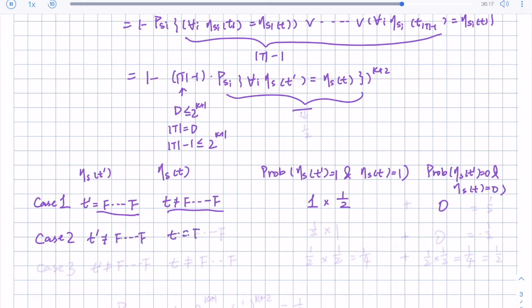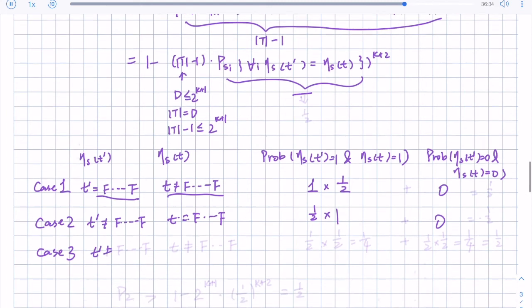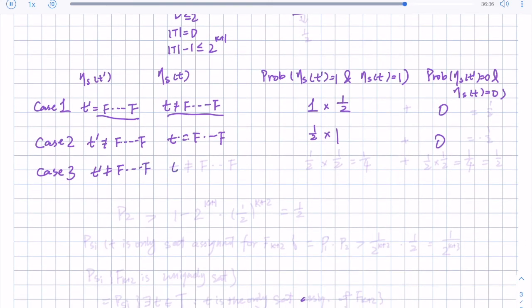So then, similar to what we have above, it's a half times 1, and this is 0 here. So for case 3, we have T prime not equal to all false assignments, and T is also not all false assignment. Then the probability of eta S to be 1 is a half, and a half here, and this is also a half and a half.